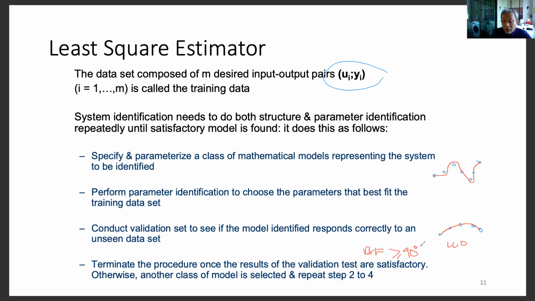Okay, so that one can be accepted. If you achieve a 70% best fit, it's okay, but not accurate, but you can improve it by doing the model structure selection again, then changing to a more suitable identifier algorithm, and redoing the experiment, okay?